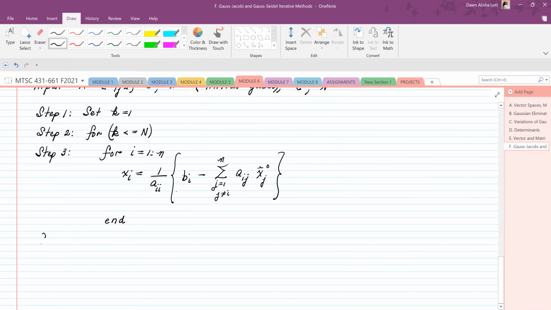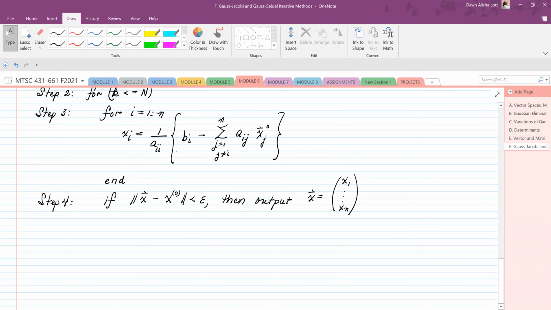Then we're going to have step 4. Step 4 is: if the absolute value of x minus x0 is less than epsilon, then output my x1 down to xn, and then break.